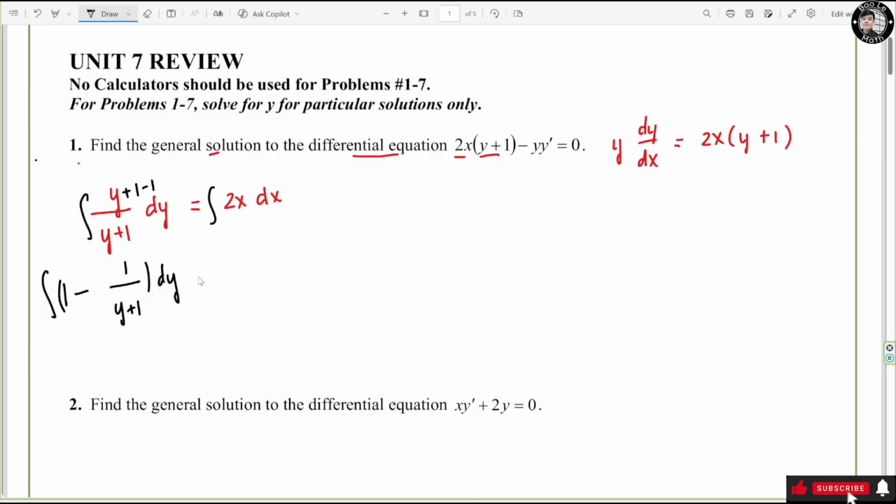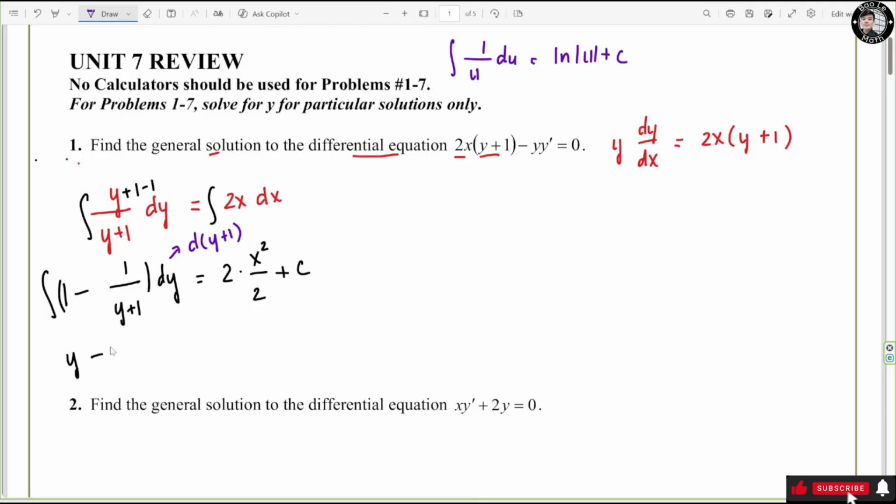dy equals, you're going to integrate this one, 2 times x squared over 2 plus c. Now, the antiderivative of 1 is going to be y. For the other term, I can rewrite dy as d of y plus 1, so I can apply the formula 1 over u du, which is ln absolute value of u plus c.